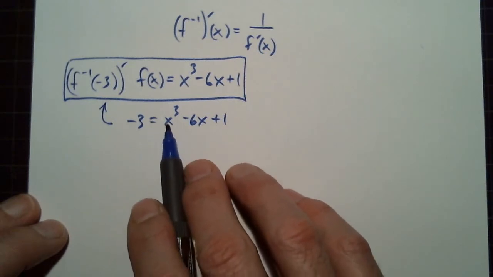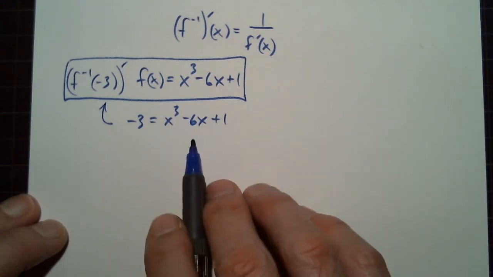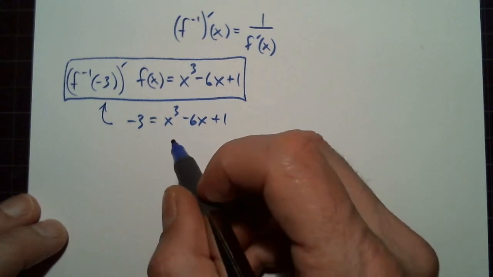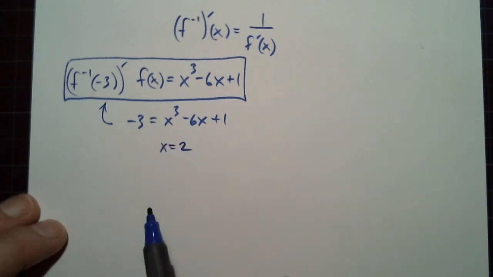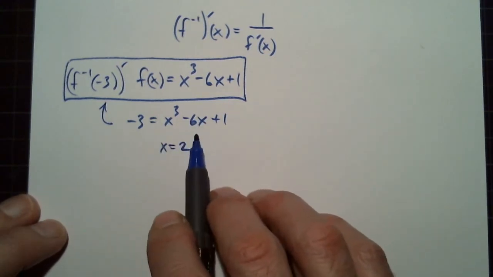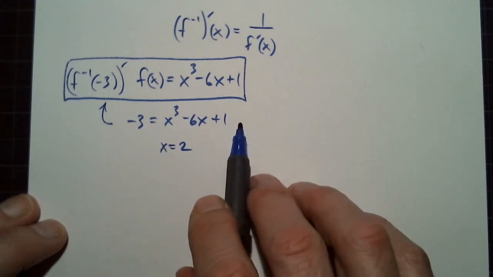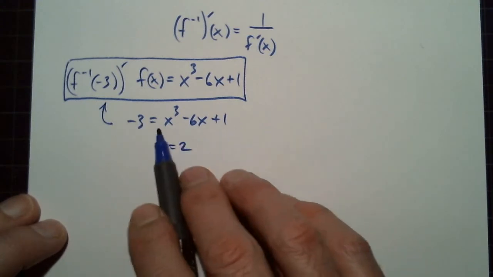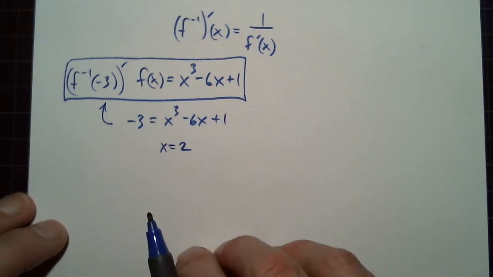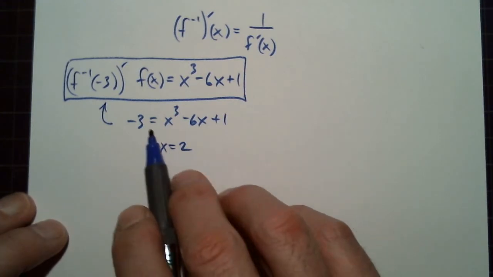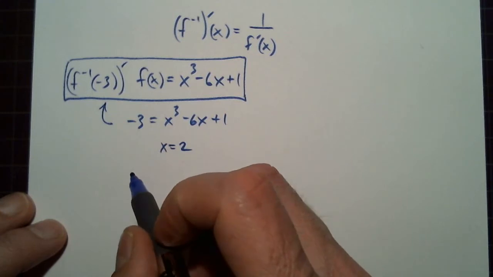So if we just look, there could be a 2. We have 8, minus 12, plus 1 is -3. So x equals 2. If we didn't have an easy way, or we couldn't guess, we'd have to move that over and use synthetic division to find the 0. So now we know the x value is 2 for the y value of -3.